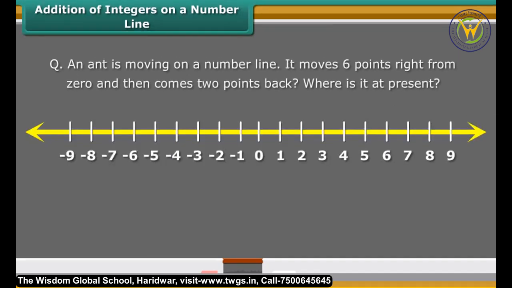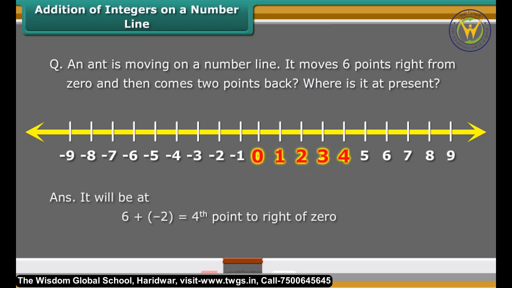An ant is moving on a number line. It moves 6 points right from 0 and then comes 2 points back. Where is it at present? It will be at 6 plus -2 is equal to 4, the 4th point to the right of 0.